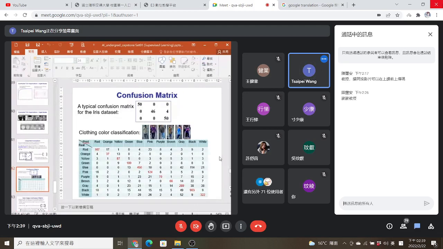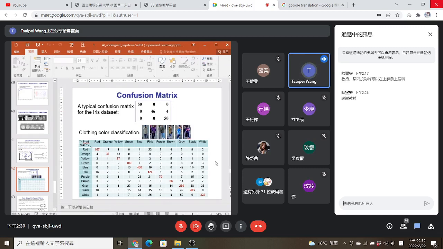So this is just some other examples of confusion matrices. This is one confusion matrix, a typical one that comes from the iris data set. You can see that it's quite easy to have really good results. For this one, there are only 4 incorrect ones out of the 150 samples.